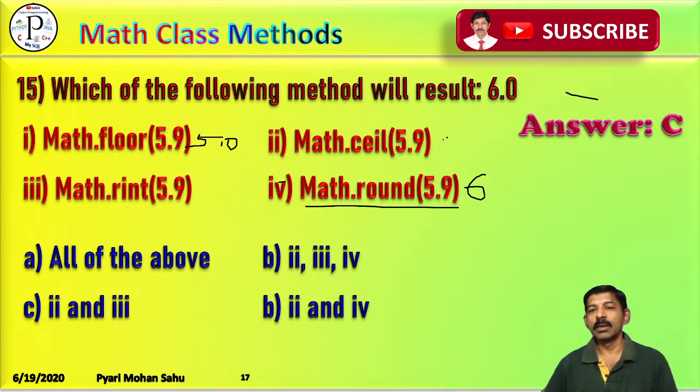Math.ceil rounds up to the nearest integer, 6.0. Math.rint, we have just seen this one: 5 above 5, it is talking about 5 or below 5, same integer. So obviously this is also going to give you 6.0.